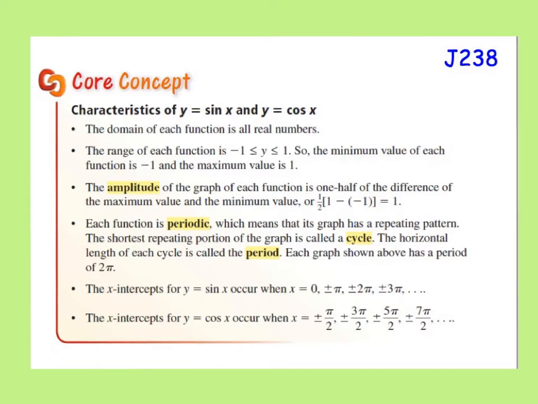You can go back to the unit circle and check where the sine value, in other words the y coordinate, is 0, and where cosine x is 0, so that means the x coordinate in the unit circle is 0.